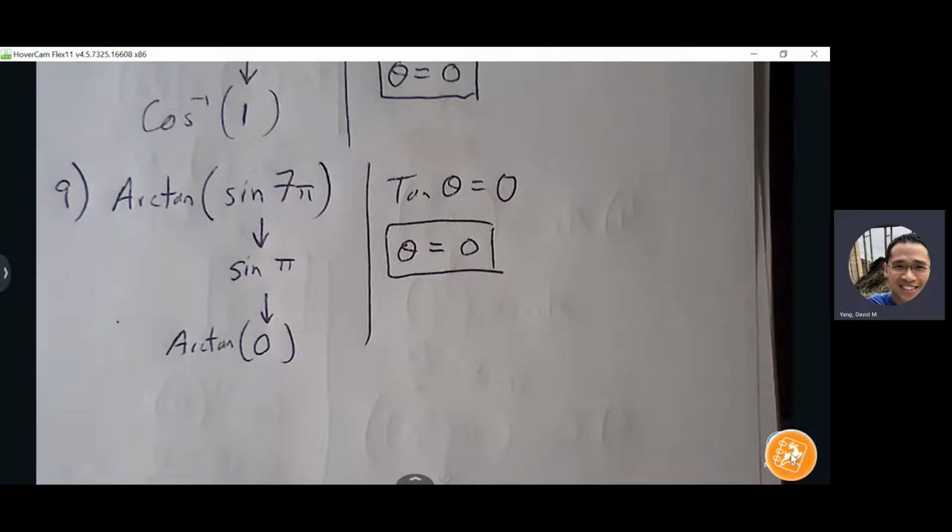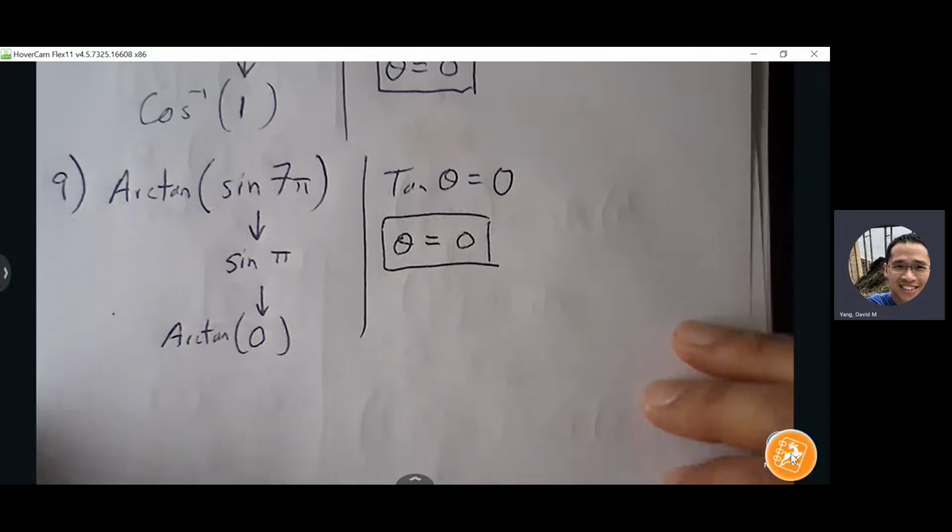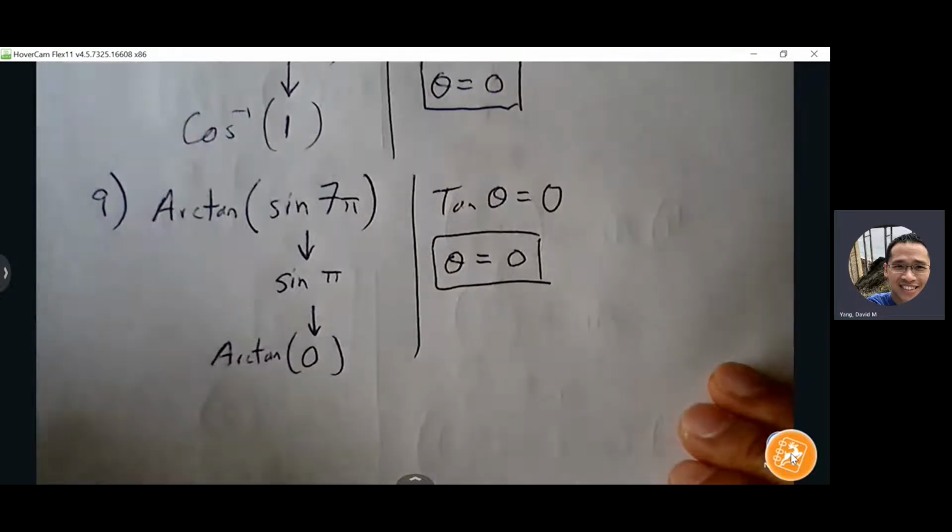Okay, number 10 through 21. We're going to rely on right triangles to help us find these ratios, these exact values. So let's go to number 10.